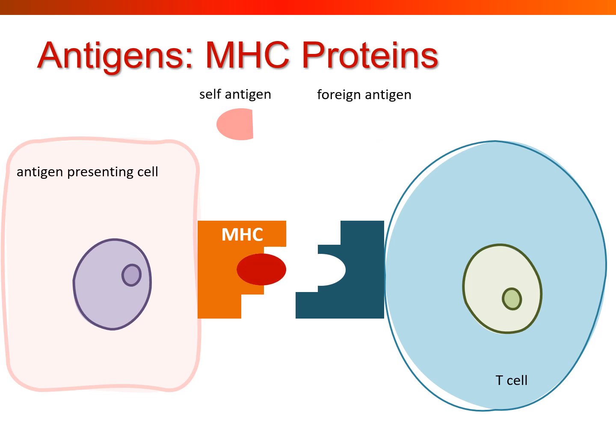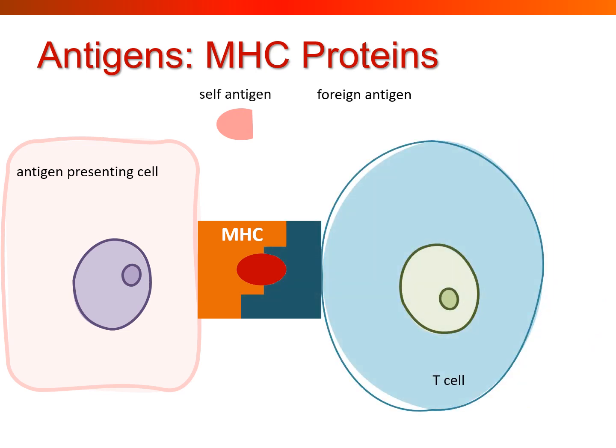And then what this is going to do, this antigen presenting cell, whether it's a body cell or another immune cell, is going to say to the T cell, hey, come over here and take a look at what I got sitting in my MHC receptor. And so the T cell does. The first thing it's going to do is read the major histocompatibility complex receptor and make sure it recognizes that. That's the very first thing it's going to do. And then it's going to take a look at that foreign antigen.